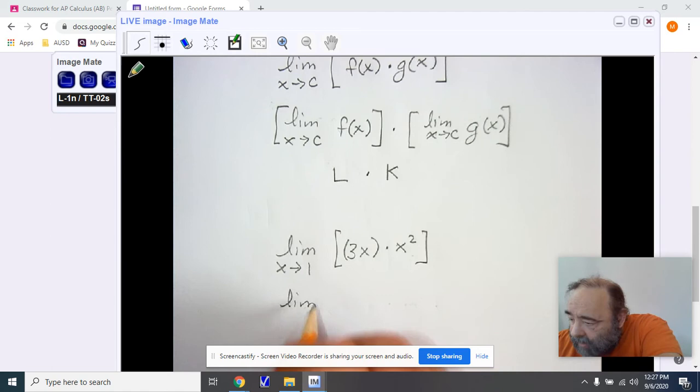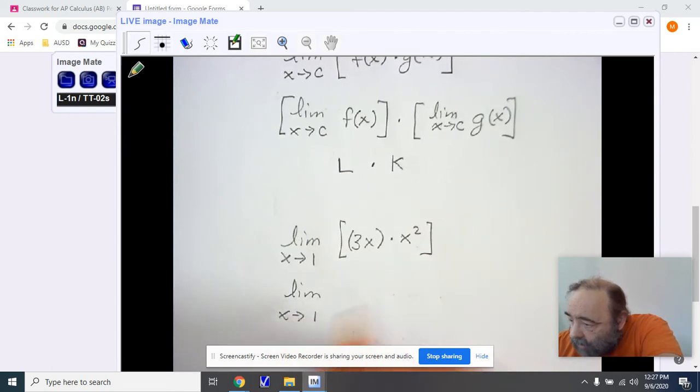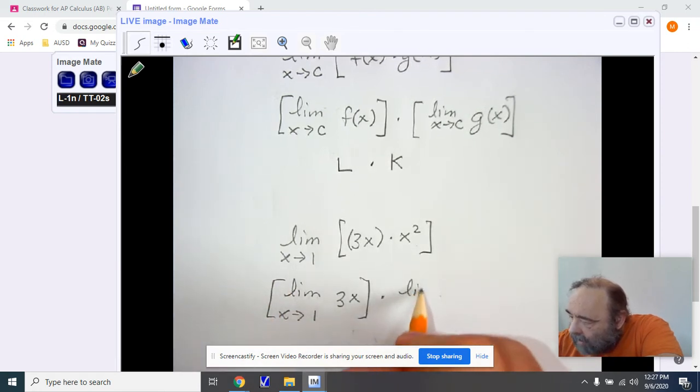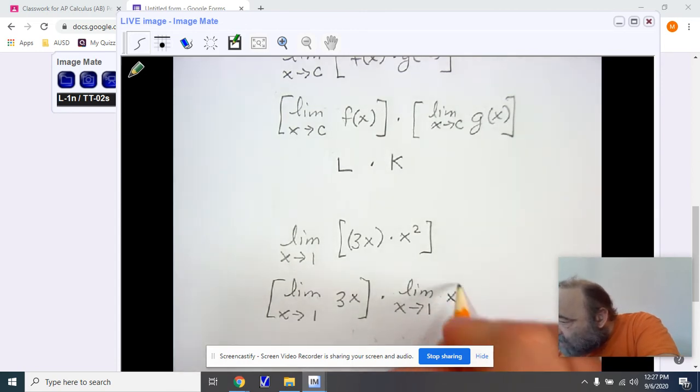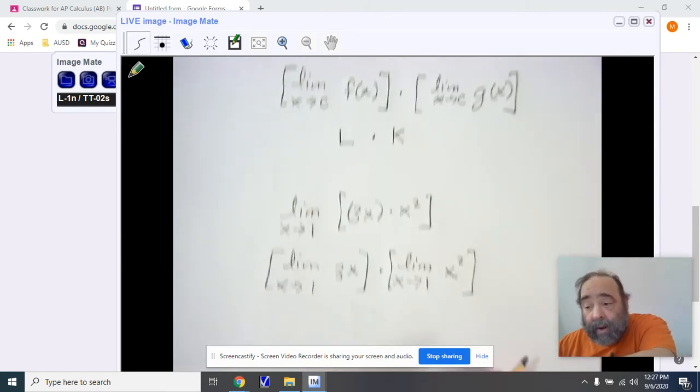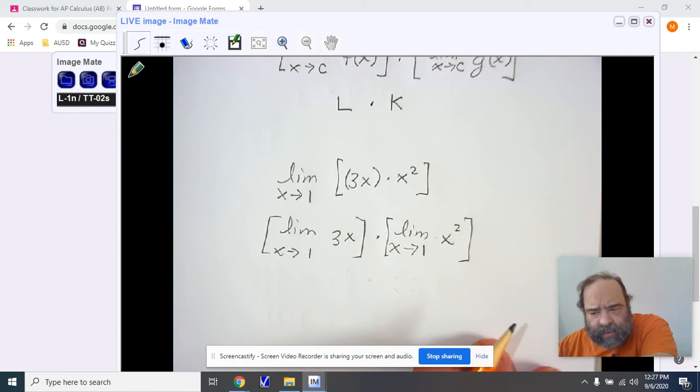When I take my limit as x approaches 1, I'm looking at the 3x. I'm then multiplying by the limit as x approaches 1 for x squared. Now, obviously, if you're approaching something else like 2 or 3, it's a little bit more obvious to see. You might want to try that on your own and just see what the results are for your own curiosity.